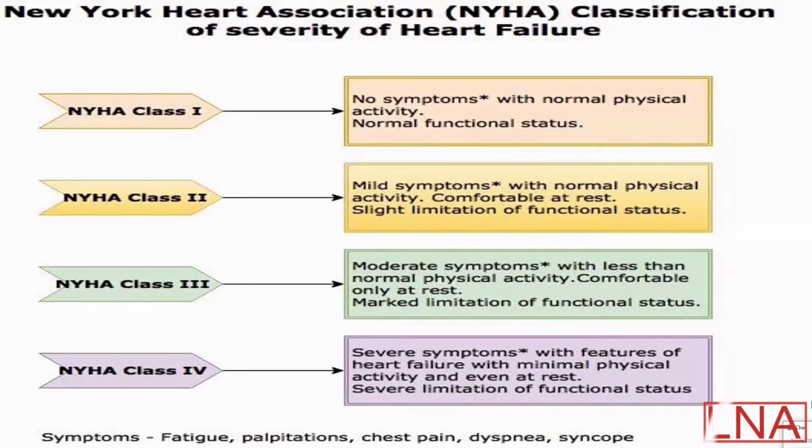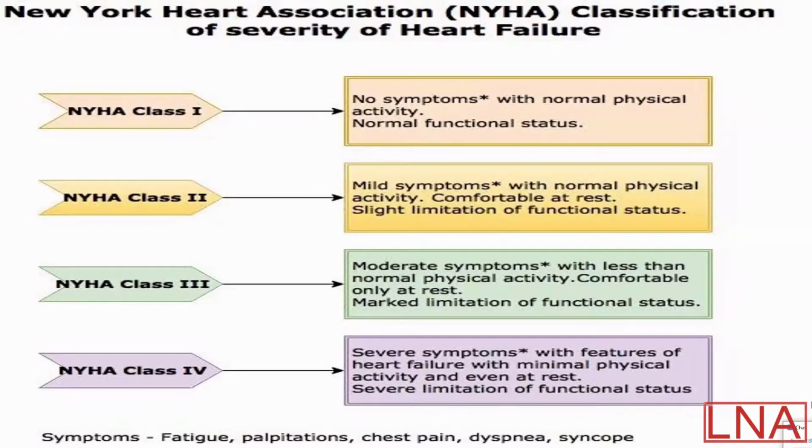Second class of heart failure: some mild symptoms with normal physical activity, absolutely comfortable at rest, and slight limitation of functional status. The patient may limit the level of physical activity.